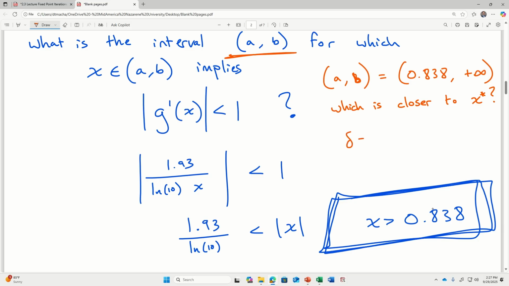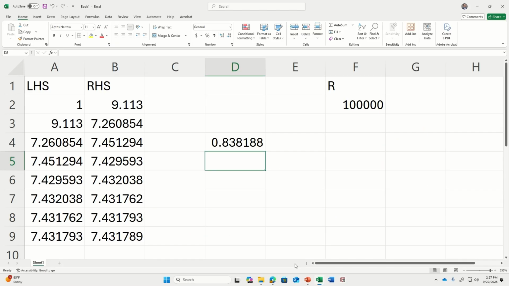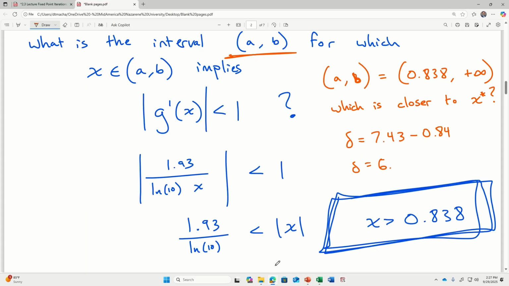And so I'm going to calculate that delta radius as being 7.43 minus 0.84. I'm keeping 2 digits after the decimal, so I'll just make it 0.84. And then that's 6 point something, 6.69. And so that is the radius of my guaranteed basin of attraction.